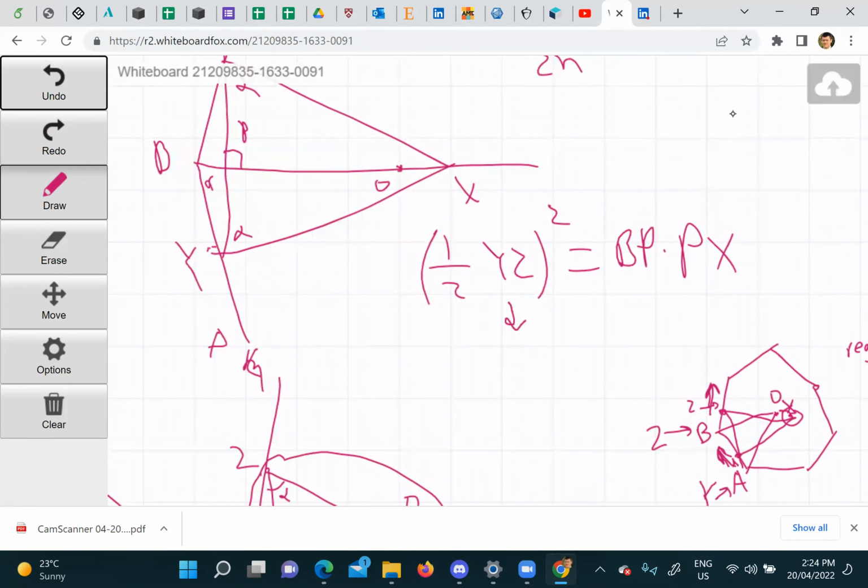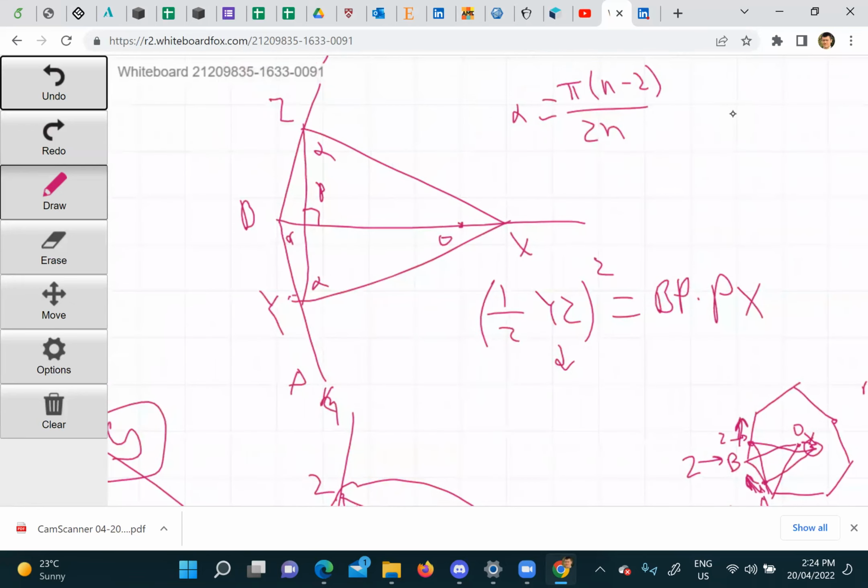Let the side length equal 1, so YZ is just 1.